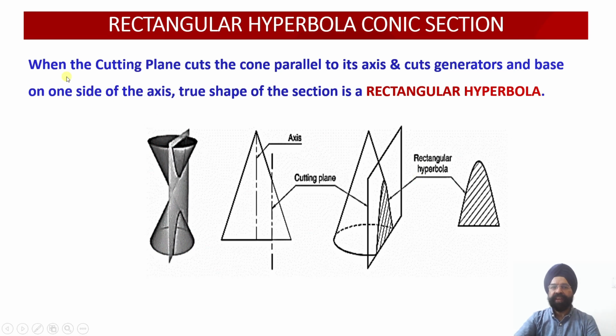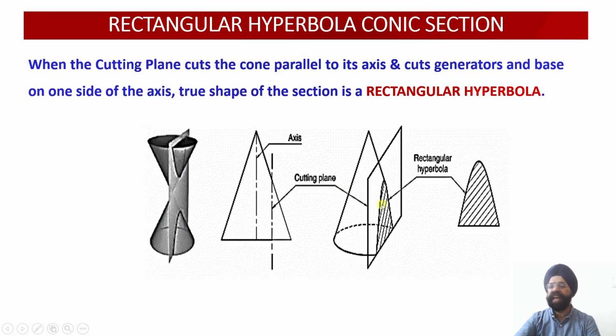Next, whenever a cutting plane cuts a cone parallel to the axis, now you see earlier it was parallel to the slant edge, now it is parallel to the axis. If our cutting plane happens to be parallel to the vertical plane, then the true shape of the cut section will be obtained on the vertical plane.